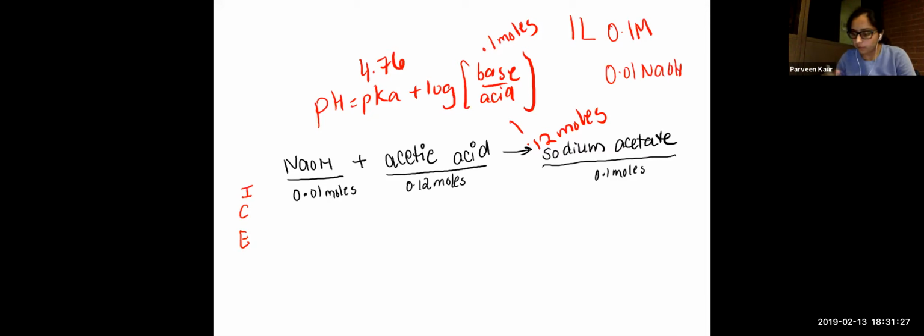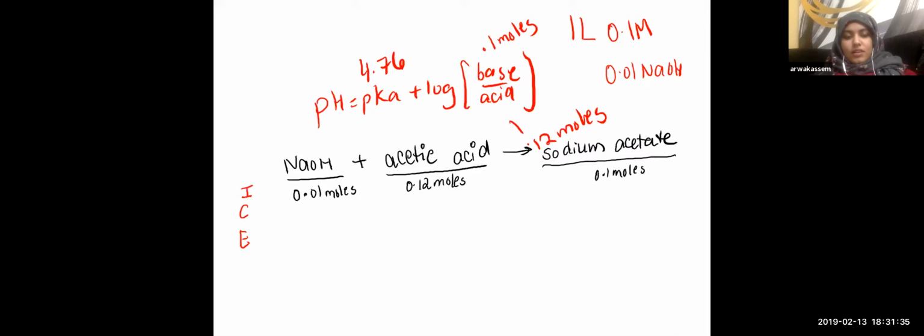What do you think the change is? We add 0.01 moles to the base, 0.1 plus 0.01, and subtract the same amount from the 0.12.